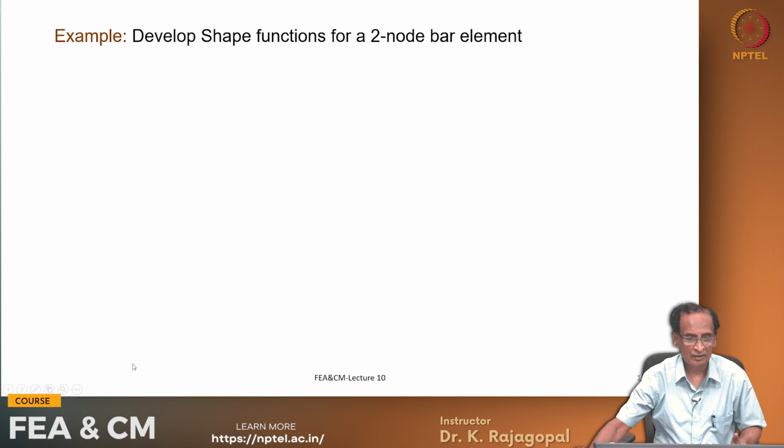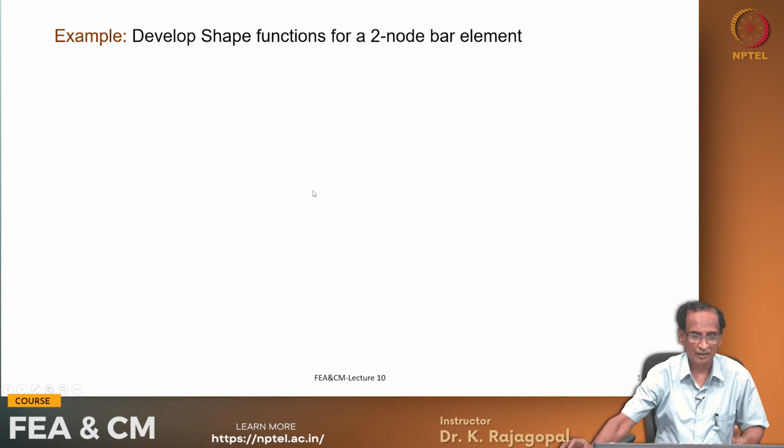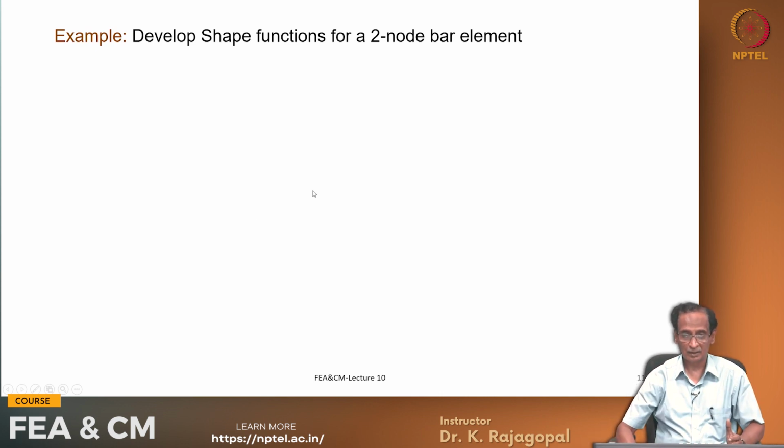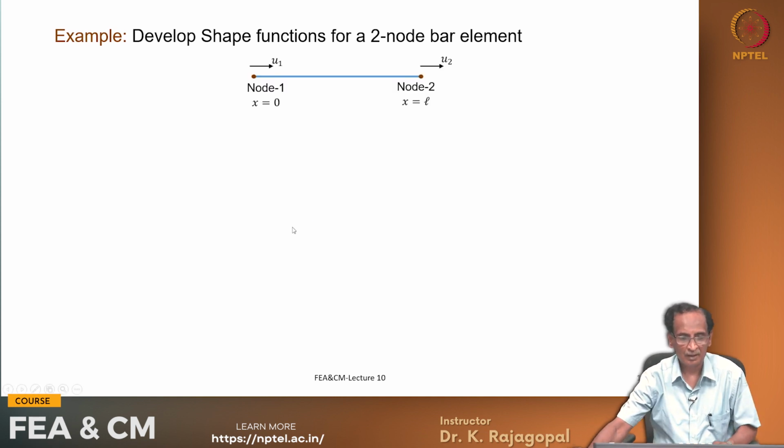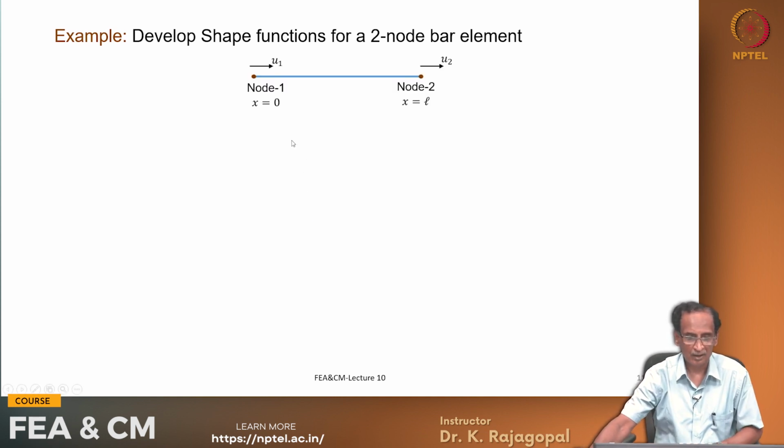Okay. So, let us look at the shape functions for a one-dimensional two-node bar element, and let us consider a bar element having a length of L with node 1, node 2, and displacement at node 1 is u1, displacement at node 2 is u2, right.